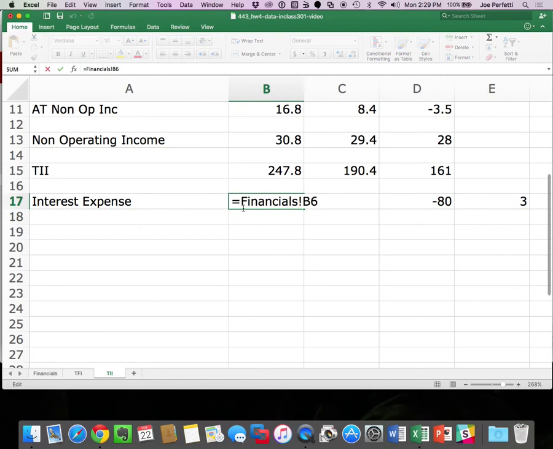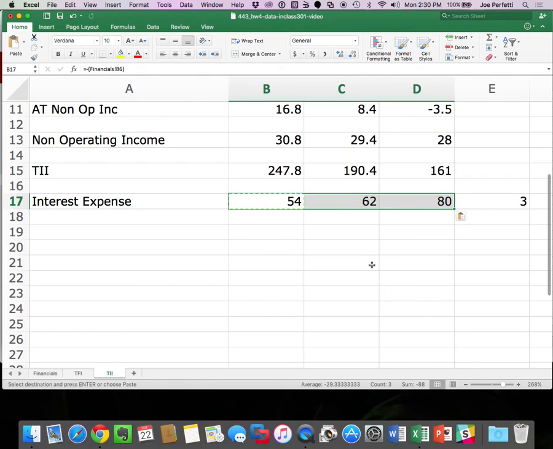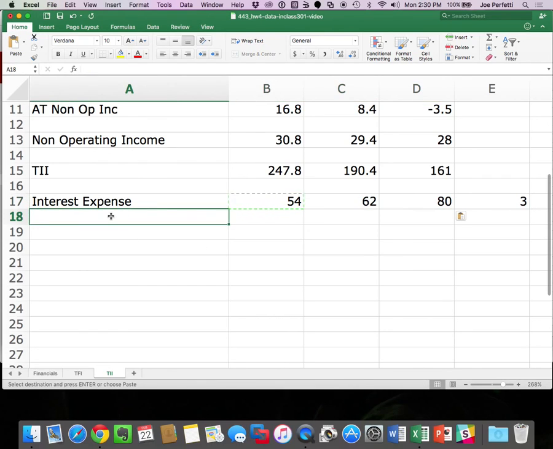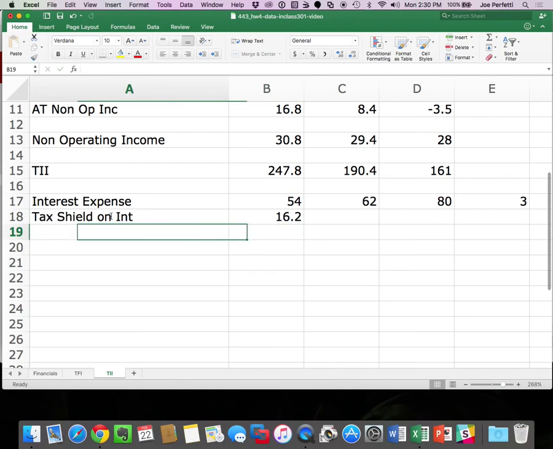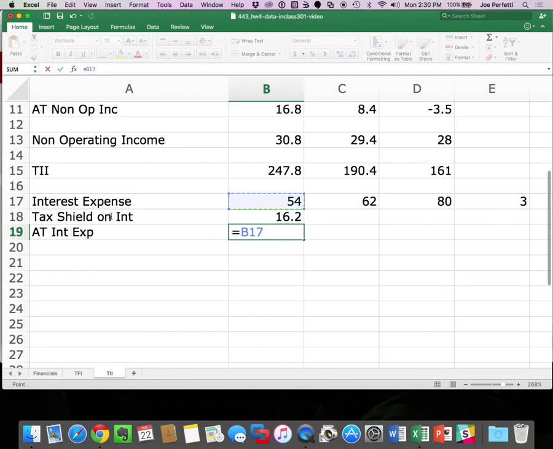And as we talked about before, payments, since we have to match, are positive numbers. So I flip the sign. I have my tax shield on interest because I'm going to deduct that, so I'm going to save 30%. So that gets me my after-tax interest expense, which is the 54 minus 16.2.